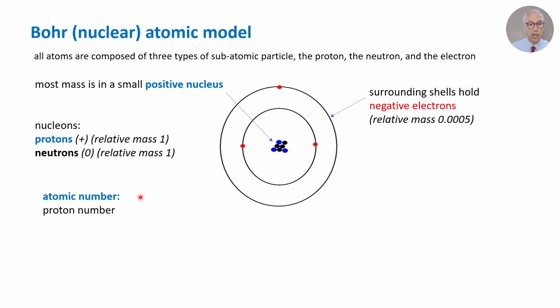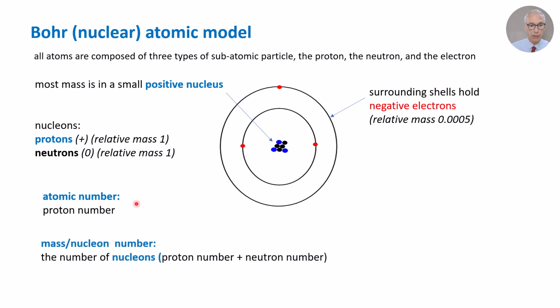Now, there are 2 numbers associated with each type of atom, the first of which is the atomic number, which counts the number of protons. So here we have 3 blue circles representing protons, so the atomic number would be 3. The second number is the mass or nucleon number, and this is the number of nucleons.